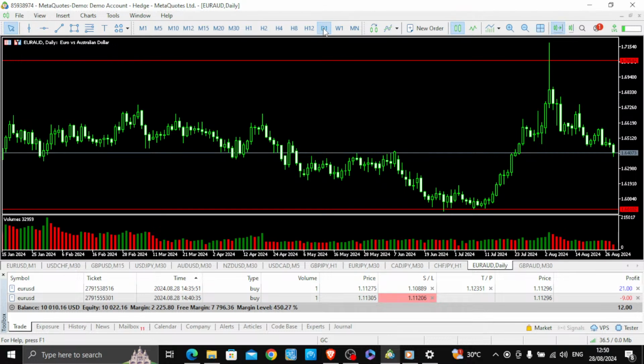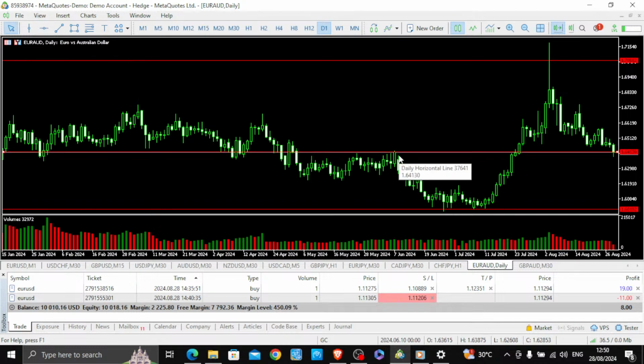If you check our daily time frame, this was the most recent swing high. Yeah, so this market took it out. It was coming up, it took it out.